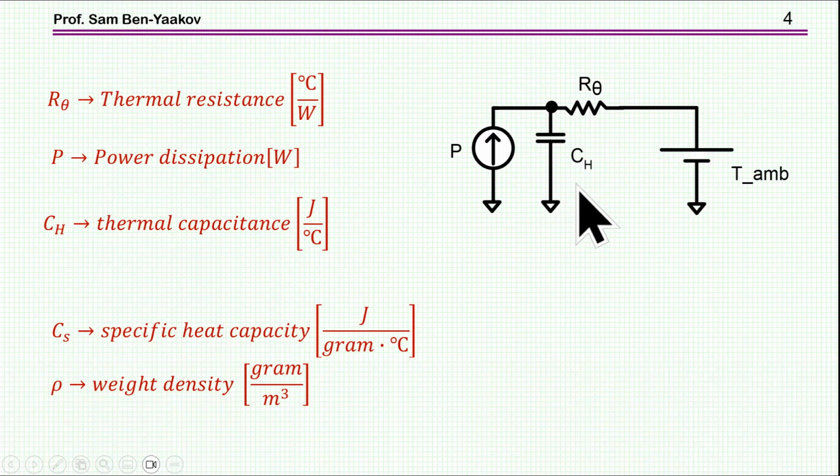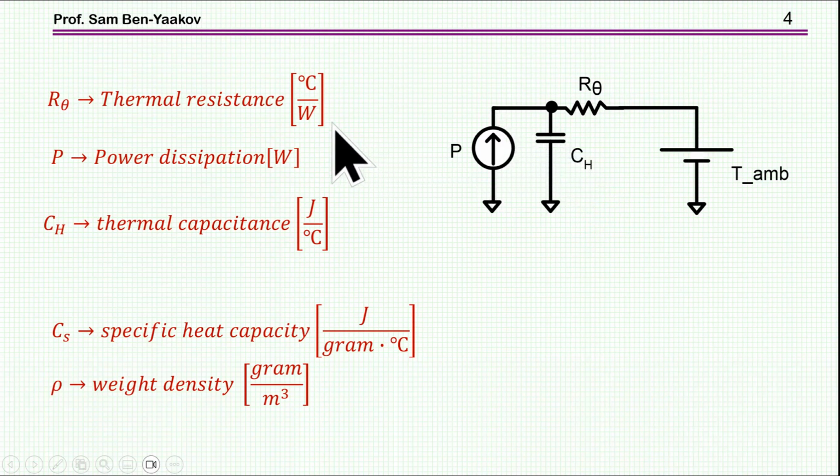But if you have a transient, then you have to take into account that some of the energy is absorbed within the body as heat, so this will affect the buildup of the hotspot.